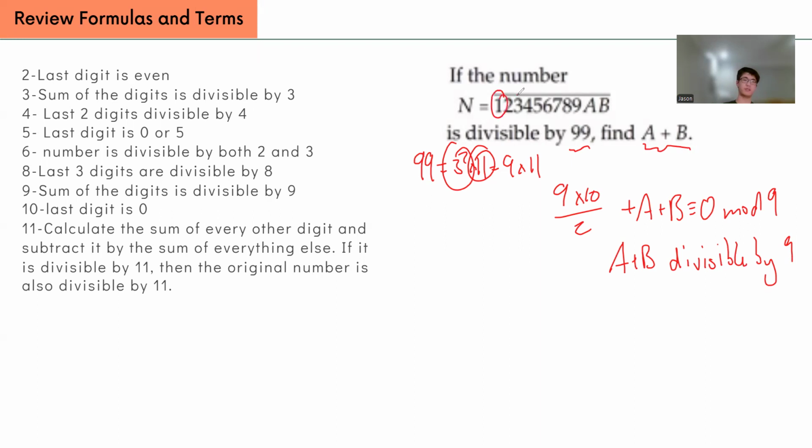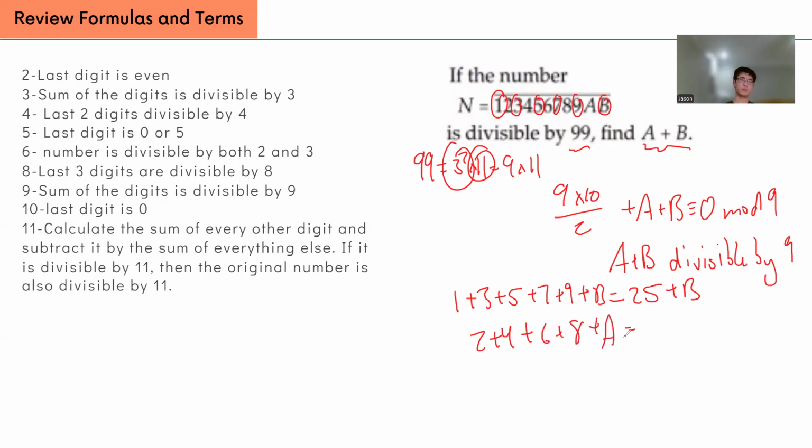The alternating digits are 1, 3, 5, 7, 9, and B. This is our first sum, and it gives us 25 plus B. Our second sum is 2 plus 4 plus 6 plus 8 plus A, which gives us 20 plus A. Their difference is going to be 5 plus B minus A, if I did all my math right.